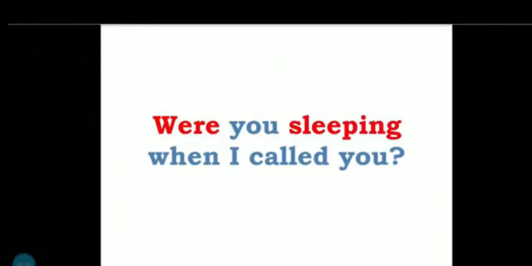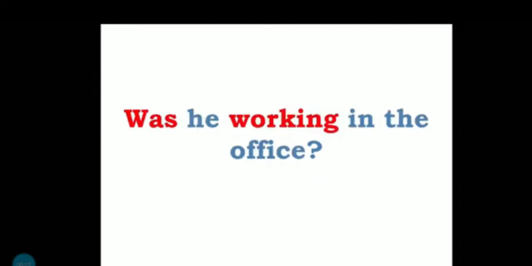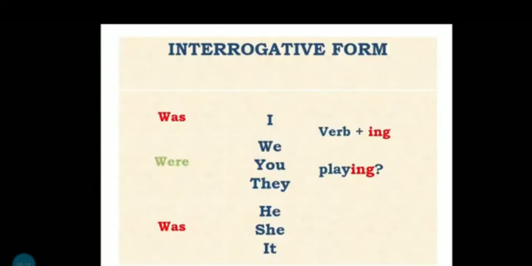Interrogative. Were you sleeping when I called you? Was your mother cooking? Was he working in the office? So the past continuous in the interrogative form: was plus I plus verb plus ing.